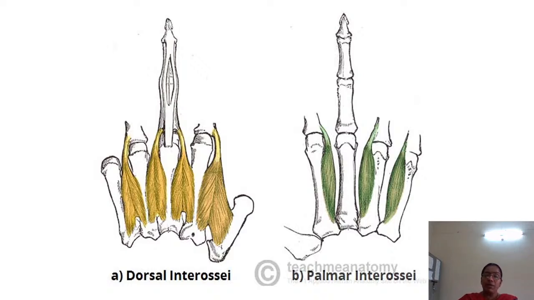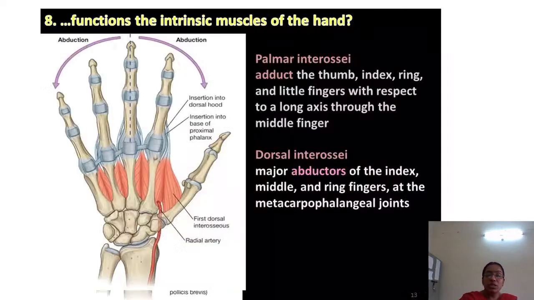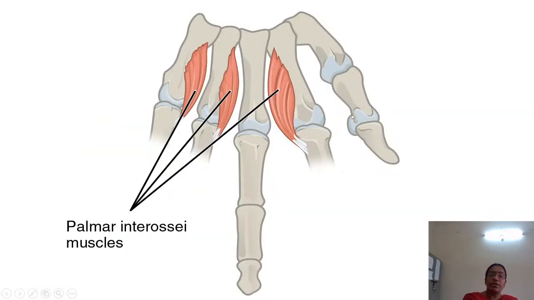Yes. One more set of intrinsic muscles are the palmar interossei and dorsal interossei muscles. There are 4 palmar and 4 dorsal interossei muscles. So when you see each interossei, first coming to the 4 palmar interossei muscles. The first palmar interossei muscle takes origin from the ulnar side of the first metacarpal bone.